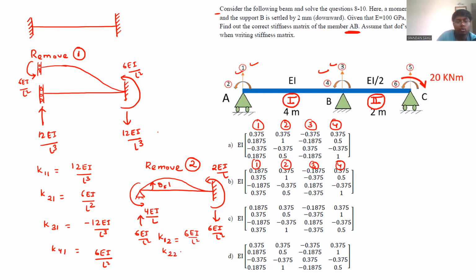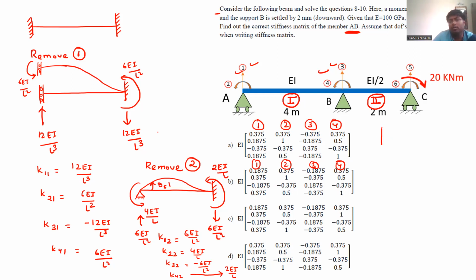K12, K22. What will be K22? 4 EI by L. K32, K42. What will be K42? Plus 2 EI upon L.